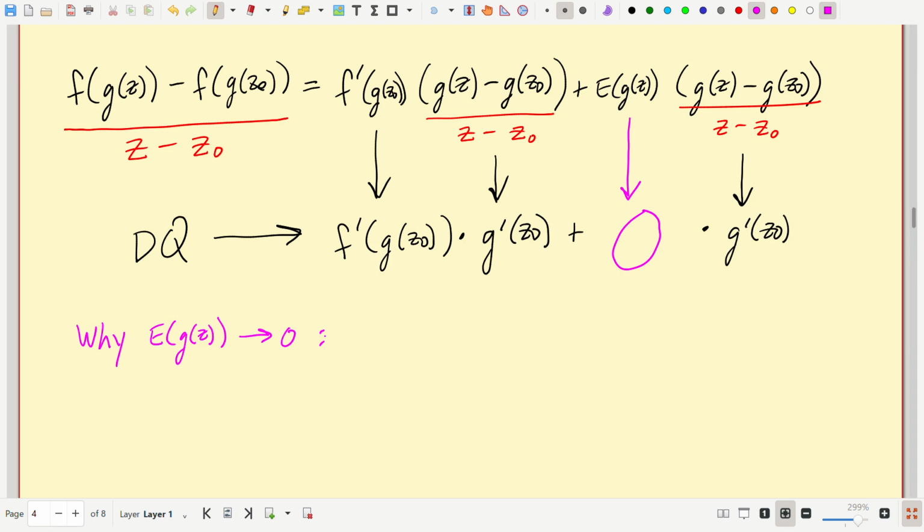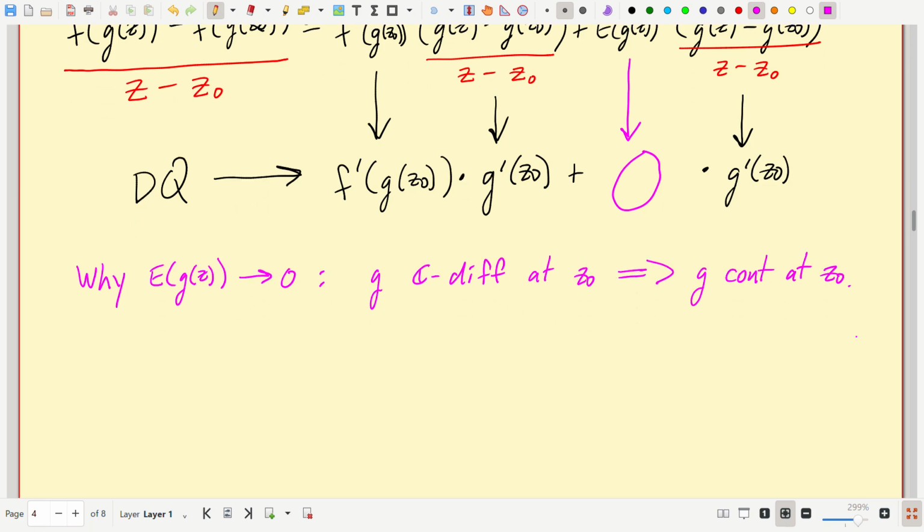It's because G complex differentiable implies G is continuous. So complex differentiable at Z naught implies G is continuous at Z naught. And when you compose, it's a rule of limits now.